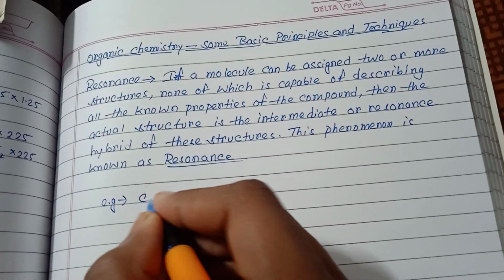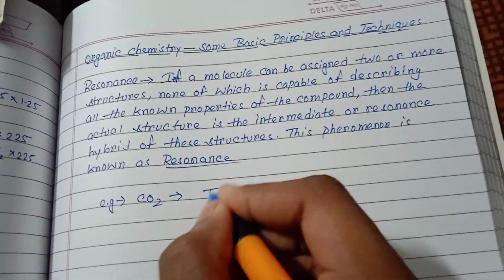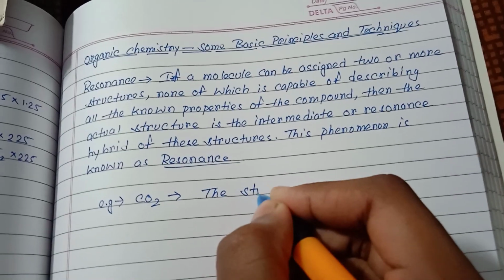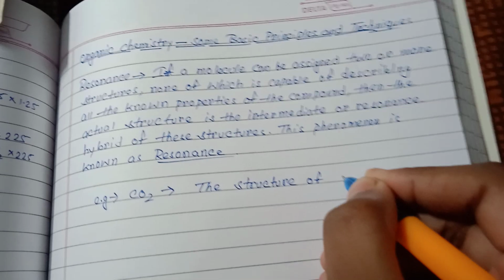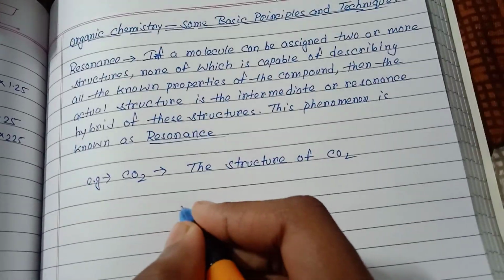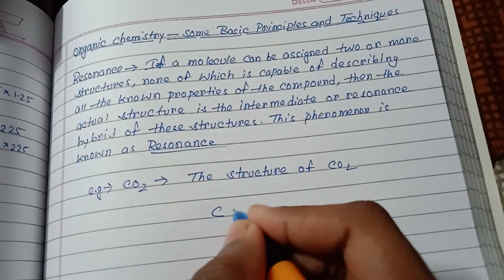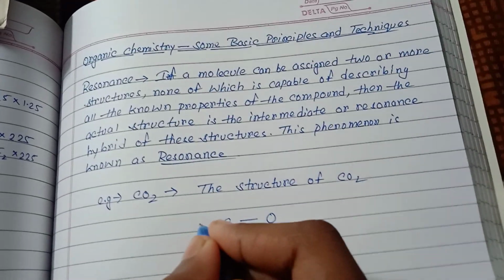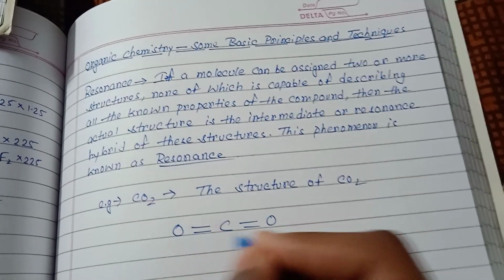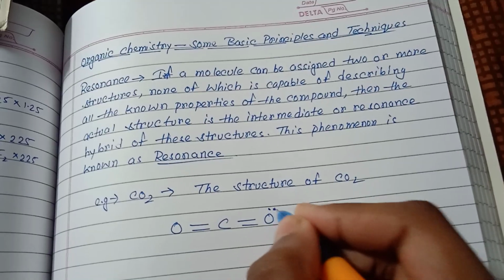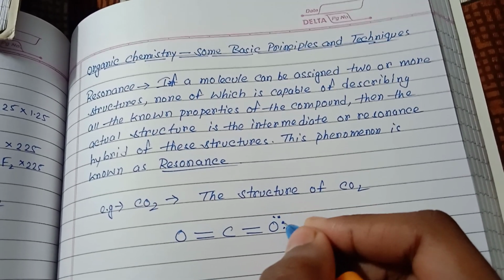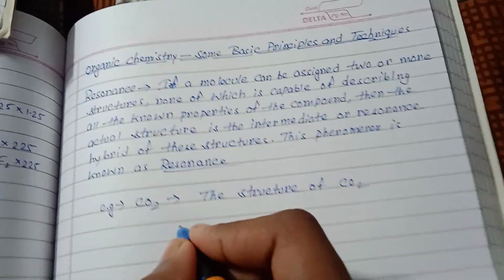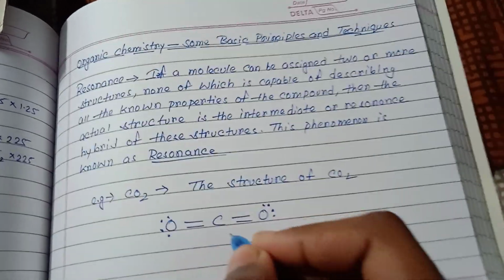Taking CO2 as an example, the structure will be like this: C double bond O, and here again double bond O. There are two lone pairs on each oxygen, so four in total.